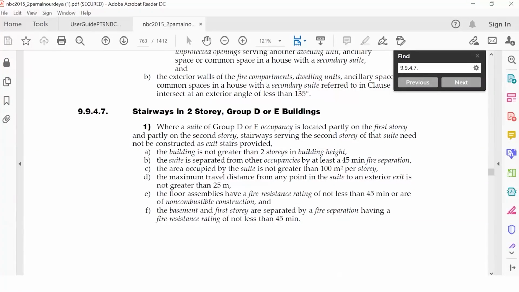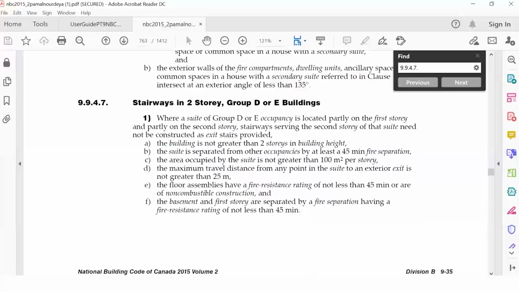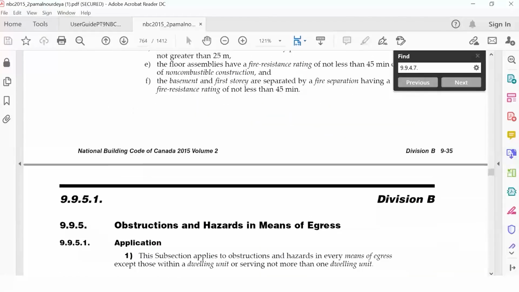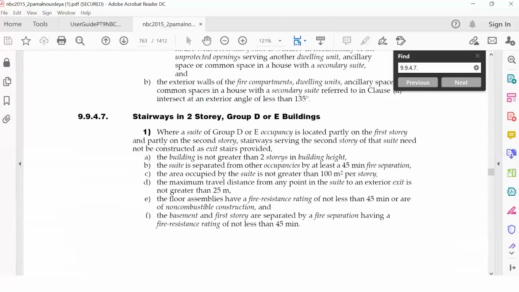The floor assemblies have a fire resistance rating of not less than 45 minutes or are of non-combustible constructions. And the basement and first story are separated by a fire separation having a fire resistance rating of not less than 45 minutes. So this is 9947. If it's on 2 levels, a basement and another story, you've also got to make sure that the basement is separated.